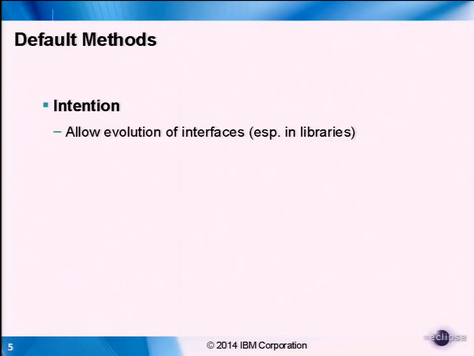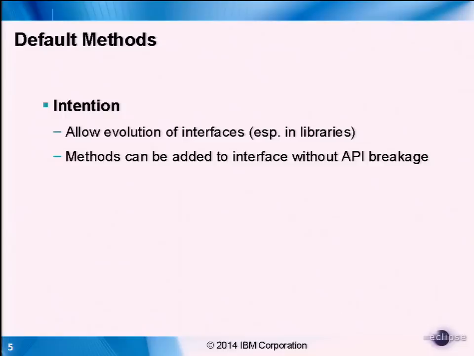We will see this later in the code example. So with default methods, you can add methods to an interface without breaking the client. So how is that done? There is only one way to do it: you provide the implementation along with the method. So you have a method which is also providing the implementation of that method.